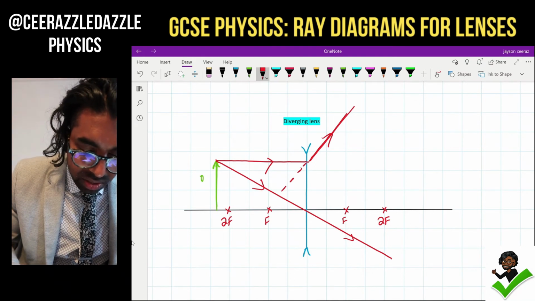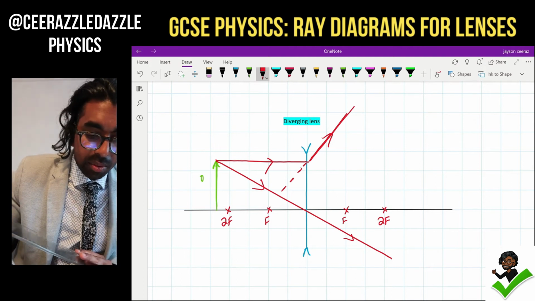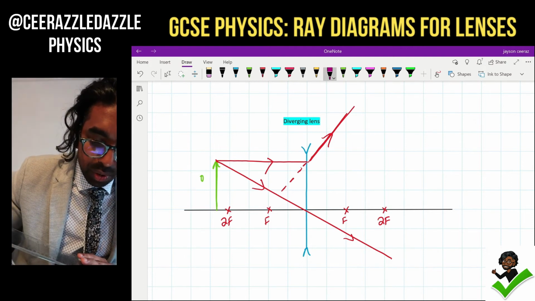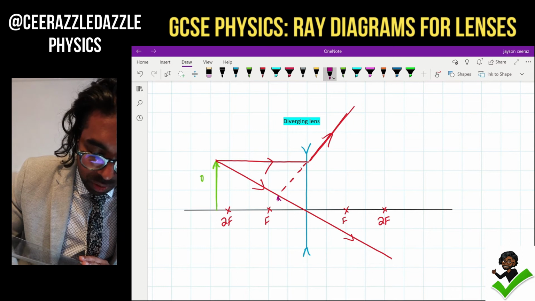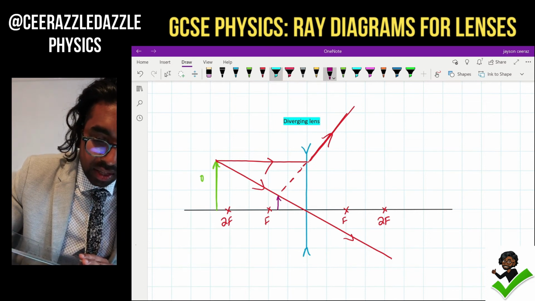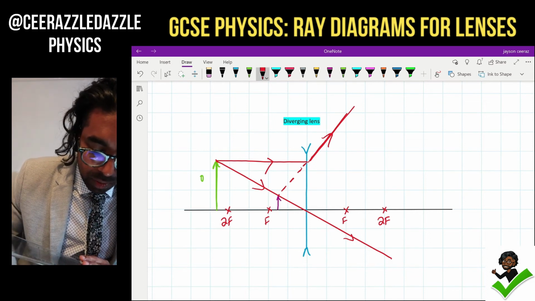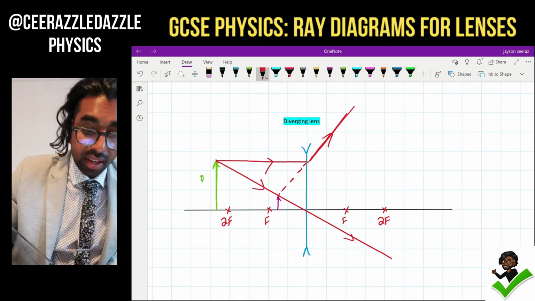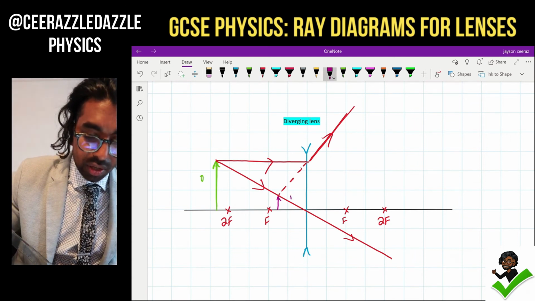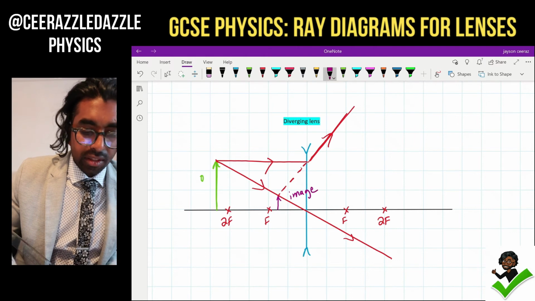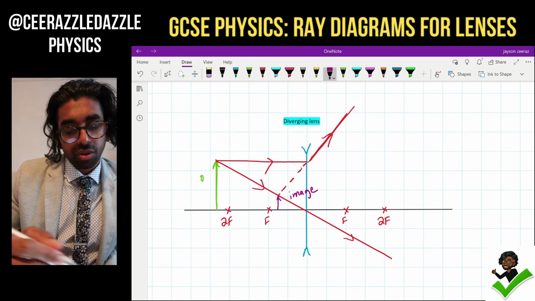Wonderful. So where this line meets the other line, the image is formed in between. So the image is formed right there. So that is the image. Yeah, so that purple, the small one there, this is the image. So the image is there and the object is still the green one over here.